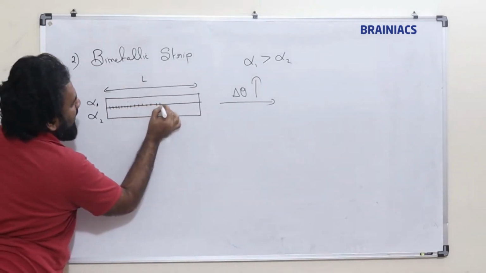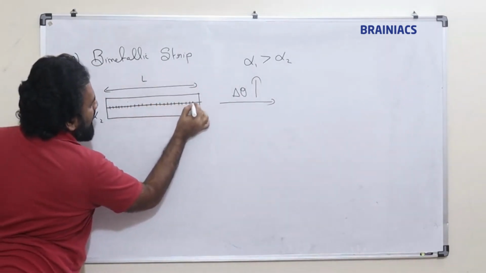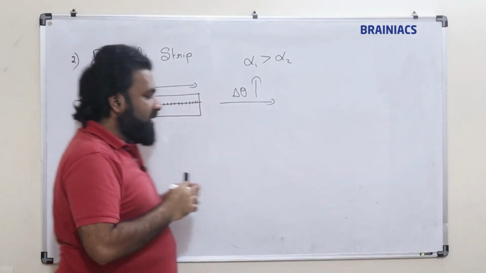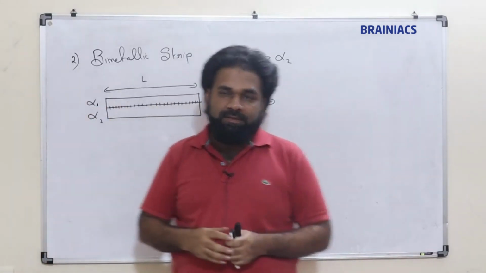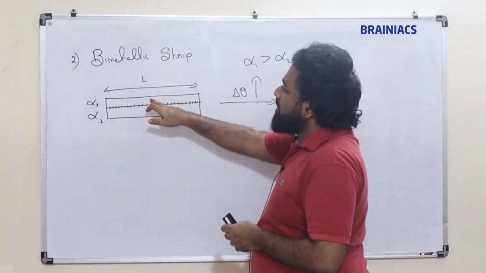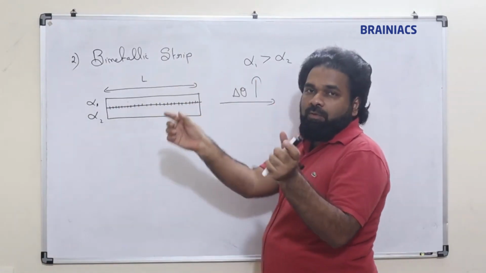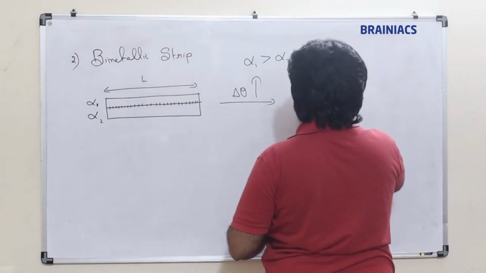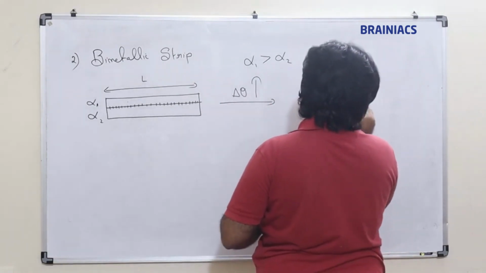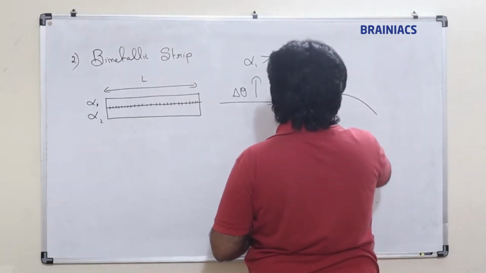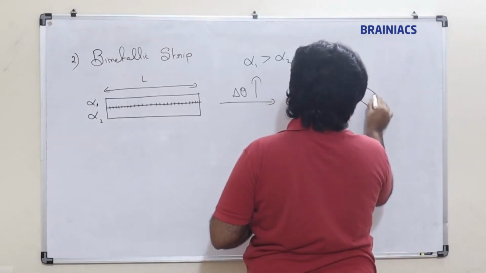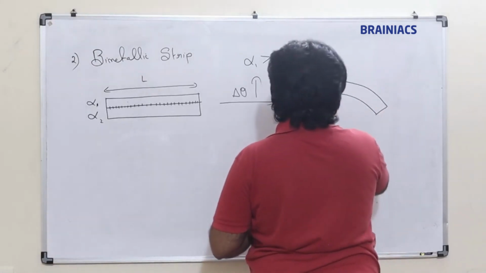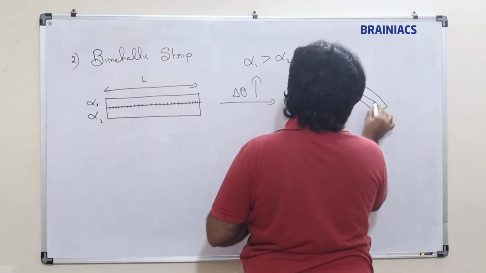Bimetallic strip is strongly connected everywhere, so when it expands, it cannot get detached. So this one will curve outside, this one will be inside. We will be getting this kind of structure.